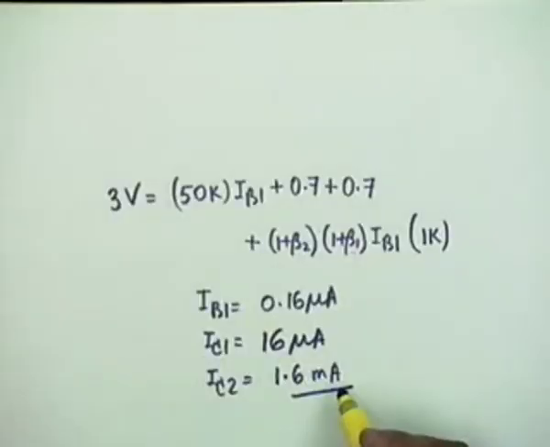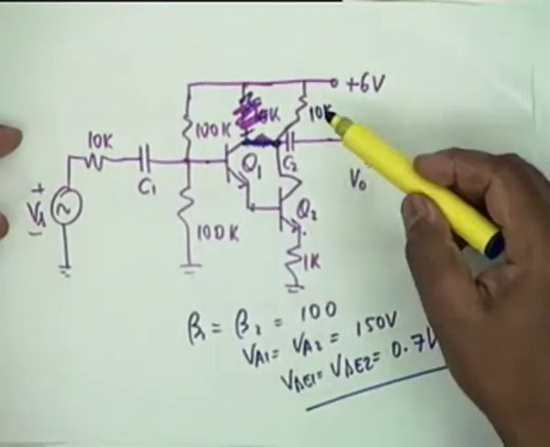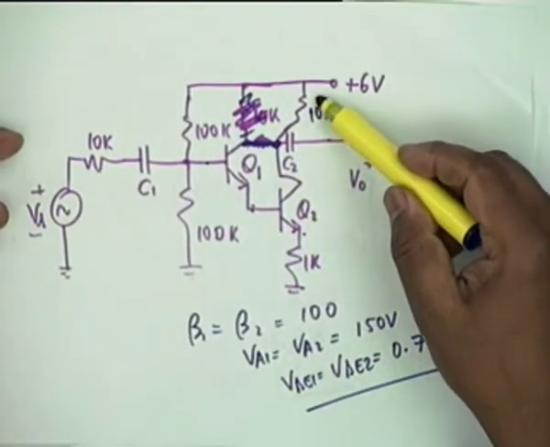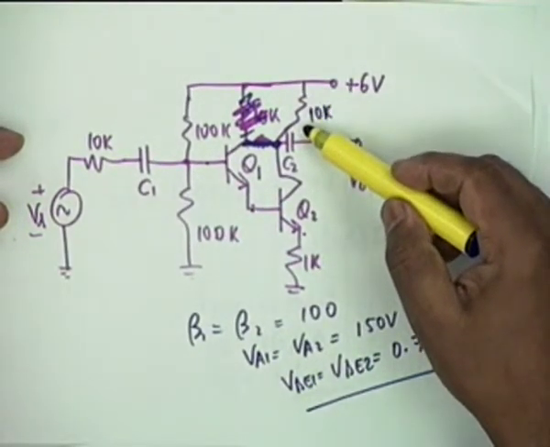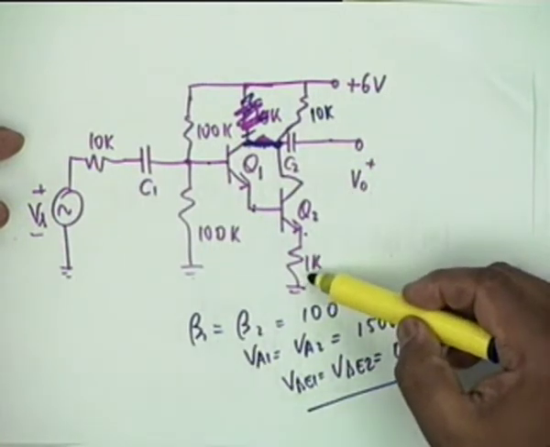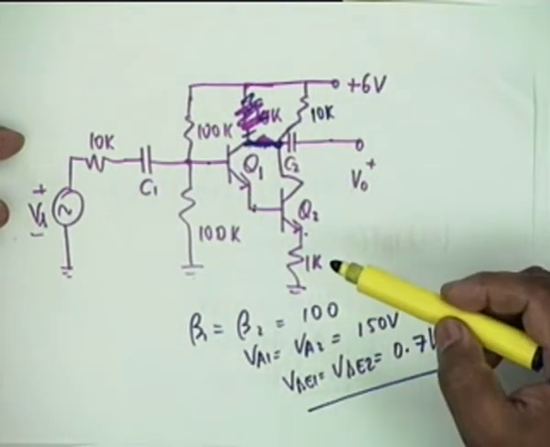You see, if IC2 is 1.6 milliampere, then the drop in 10K should be 16 volts, and the drop in 1K has to be 1.6 volts.